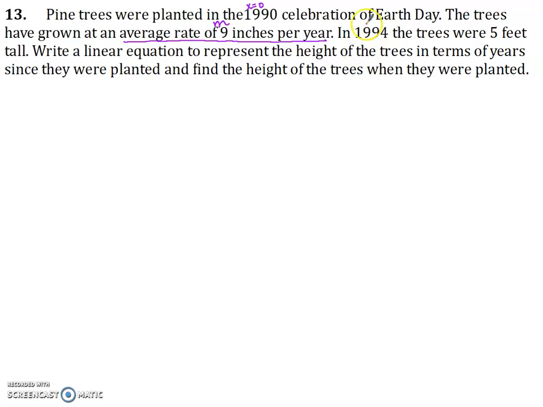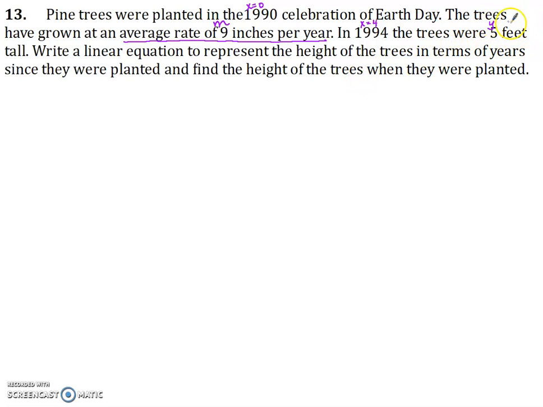In 1994, so that's 4 years later, we're going to make x 4, the trees were 5 feet tall. If I look here, the rate is in inches, but the height is in feet, so I need to make them both the same. It doesn't really matter whether you change to inches or feet because they don't specify.